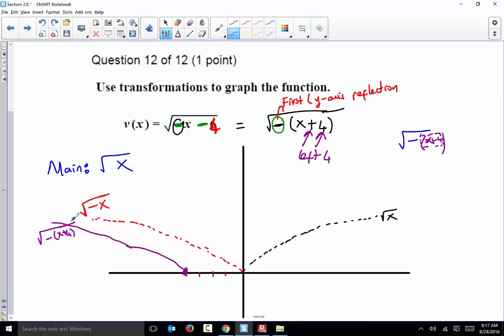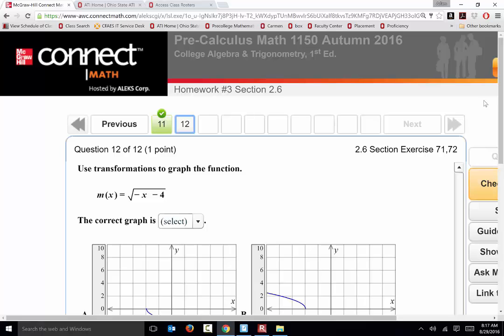Alright, let's pick the right choice. The most general mistake is people think it's a minus and this is a right shift. No, it's not a right shift because x has a negative in front. And when you consider that negative, it's actually a positive 4. That's why I took the parentheses out, okay? So this is a left shift.